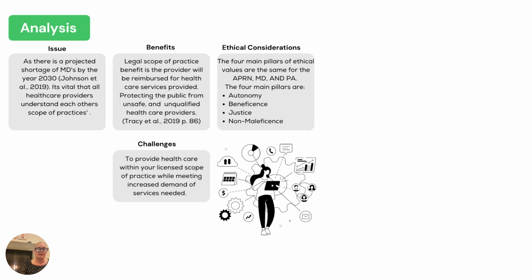Similarities of the advanced practicing registered nurse and the medical doctor include maintenance and the promotion of health, the prevention of disease, the ability to diagnose, provide treatment, and provide referrals and prescriptive rights. Prescribing Schedule II narcotics requires additional licensing rights from the Drug Enforcement Agency.